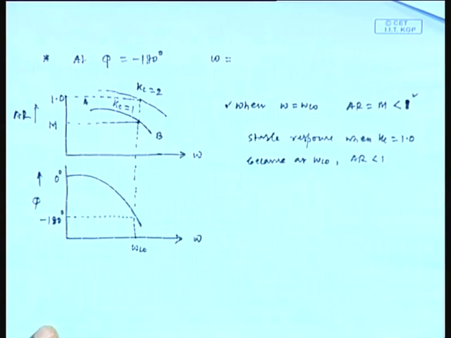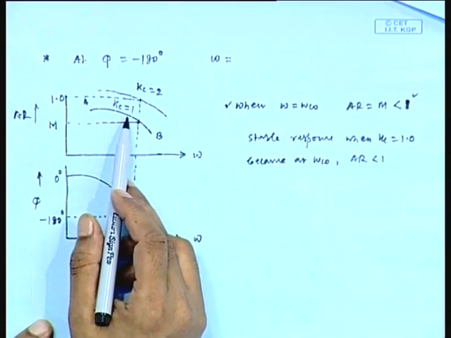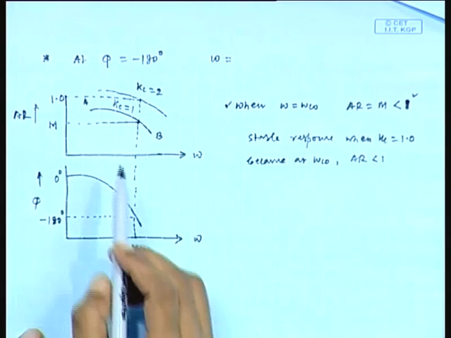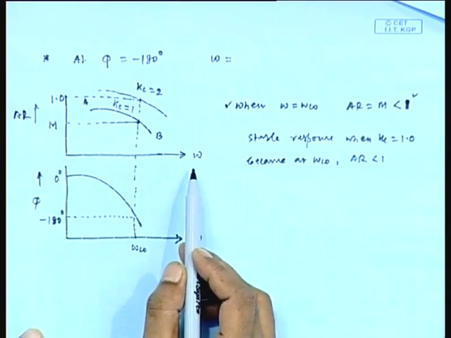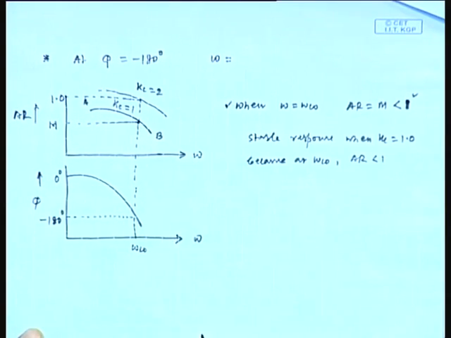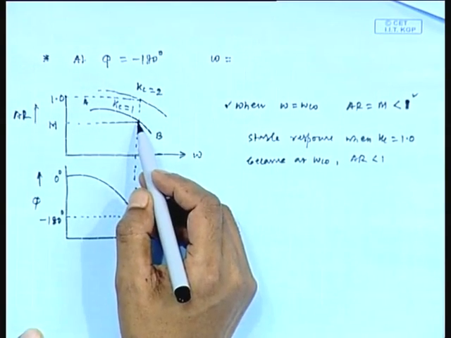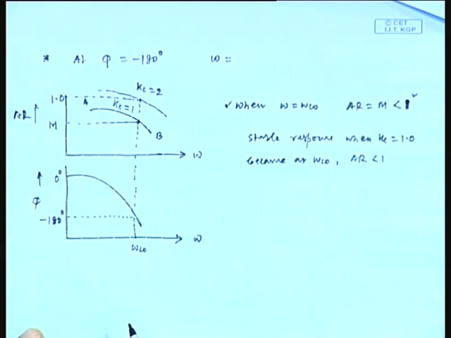Now, for the example system, we know the critical value of Kc is 2. Here we first consider Kc equals 1, I mean it indicates stability. Now, AB is the amplitude versus omega plot when Kc equals 1. At crossover frequency, it is clear from this Bode plot that amplitude ratio is m.